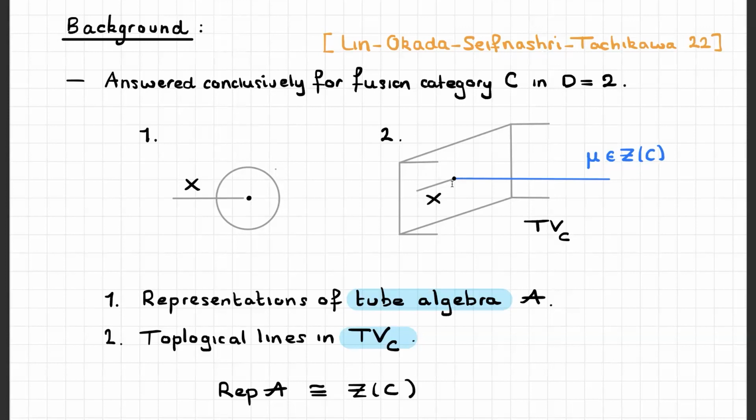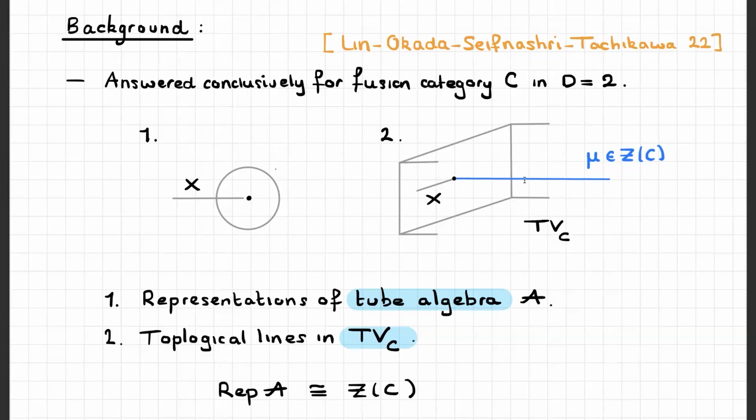And so the picture looks something like this. Here's the boundary. That's where the 2-dimensional theory lives, or will live after you collapse the sandwich. And the idea is that representations of the tube algebra are labeled by line defects, topological lines in the bulk.